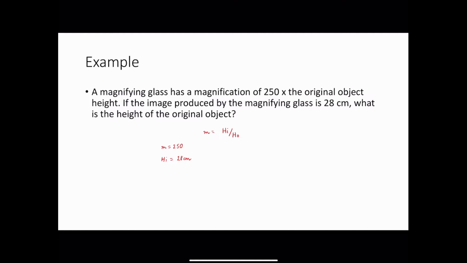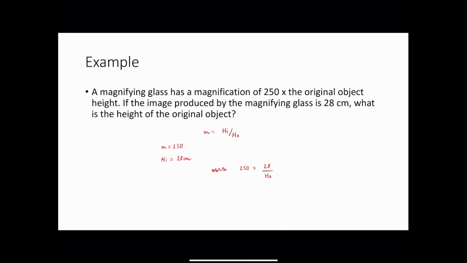So I'm going to have to solve through this equation to try and find that unknown. So what I do from here is I plug these numbers into my equation that I've already written down. M is equal to 250, which is M, is equal to 28 divided by object height. Now I want the object height to be by itself on the other side of the equation.